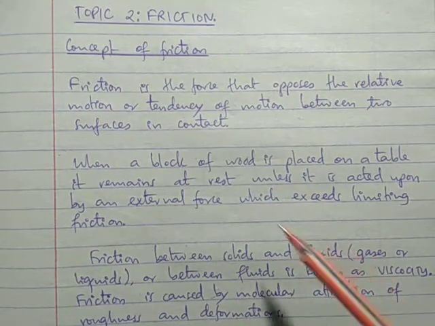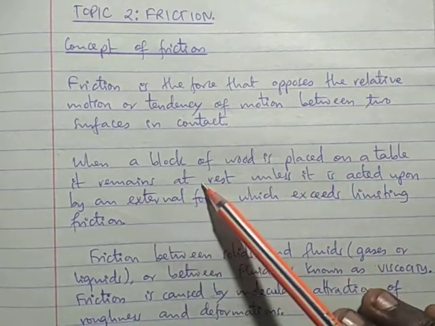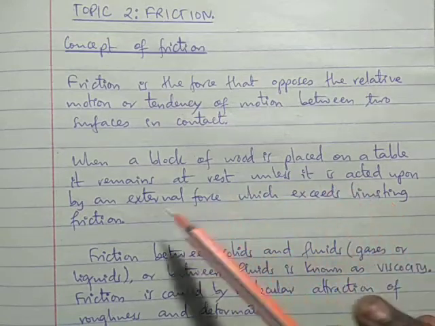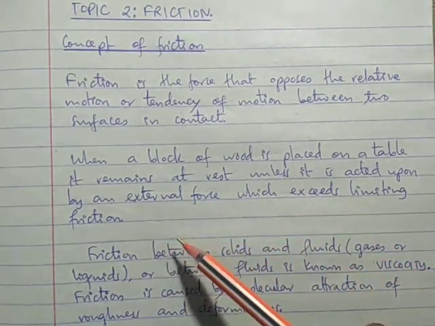So we are saying that when a block of wood is placed on a table, it remains at rest unless it is acted upon by an external force which exceeds limiting friction.